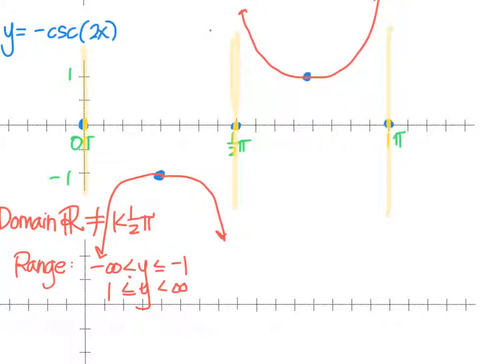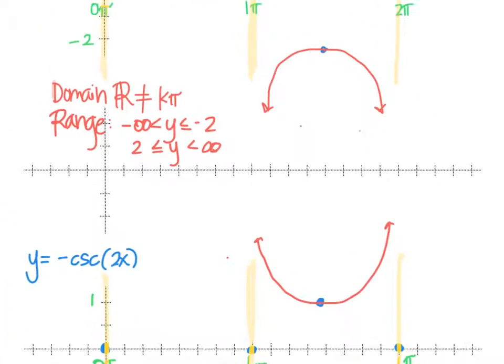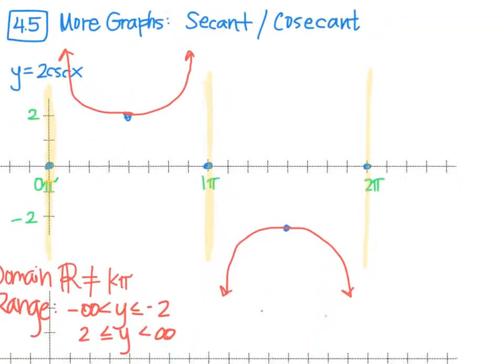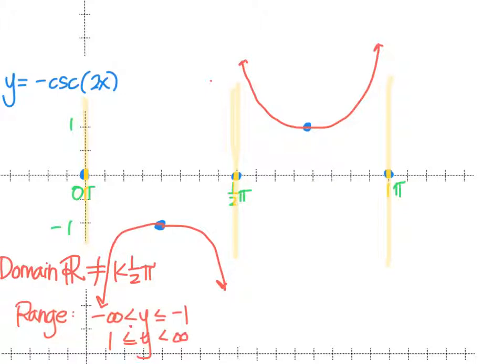Okay. All right, let's do a secant. We've done 2 cosecants now. Let's do secant. Who do you think secant is going to get its big 5 from? Cosine, exactly. All right, so I'm going to erase what I just have here, and we'll try again.